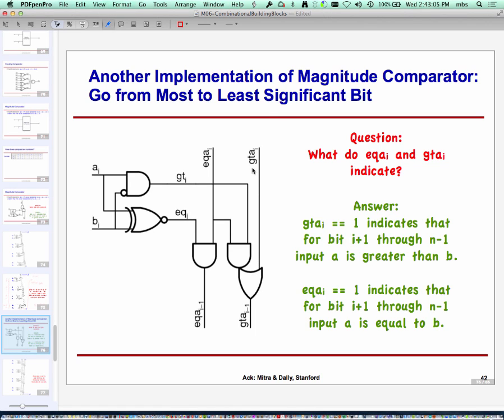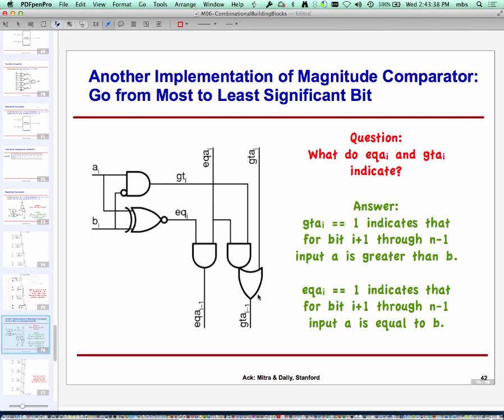If upper bits tell me that A is greater than B, then I just pass it through. So that's why you're seeing GTAI just passes through out here. If on the other hand the upper bits say that they were equal, then I look at whether on this bit position A is greater than B or not, and that's the logic out here. This AND gate is saying that upper bits were equal, and at this position A is greater than B, and therefore I pass that through.